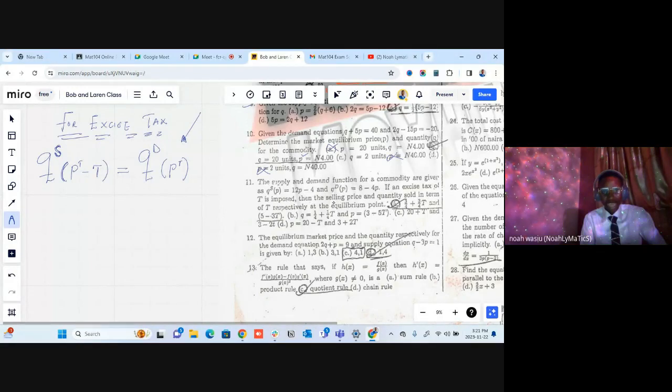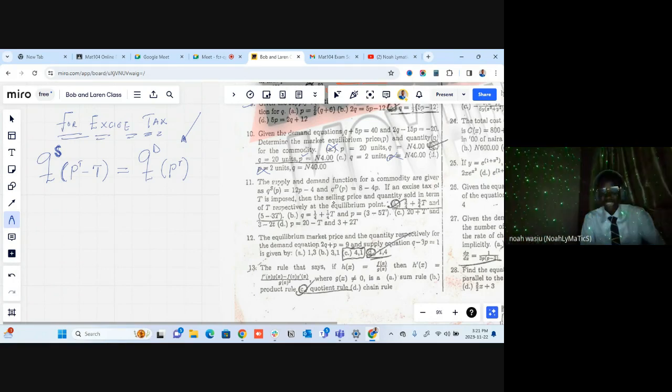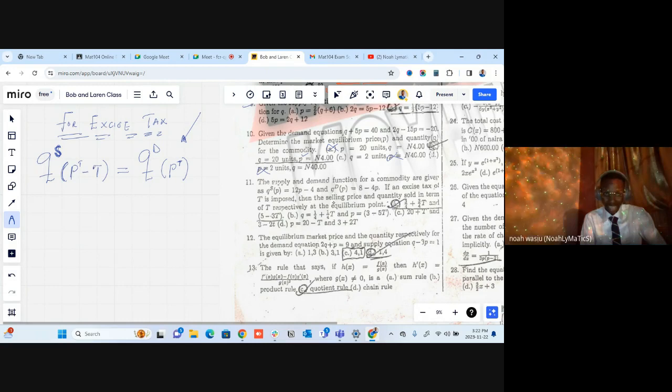From the supply equation, you substitute whatever you have in terms of PT minus the tax itself, and it always equals the demand equation expressed in terms of PT. This is the price of the excise tax, the PT, and this is the excise tax itself, T.